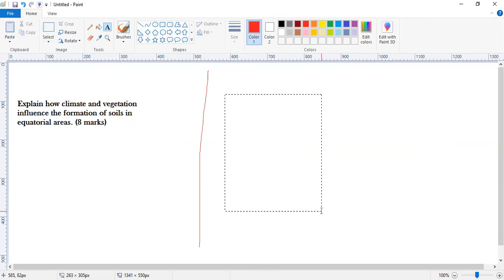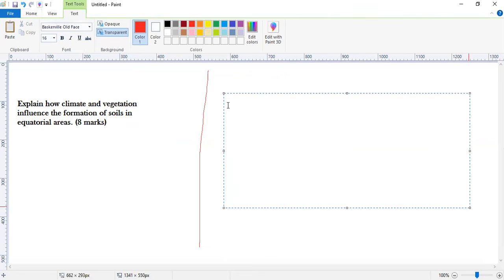So again, this is just a suggestion. It's not that it has to be this way, but whichever way you write your question, just make sure that it is well structured. So we're talking about climate first. We could have talked about vegetation first, it didn't matter.